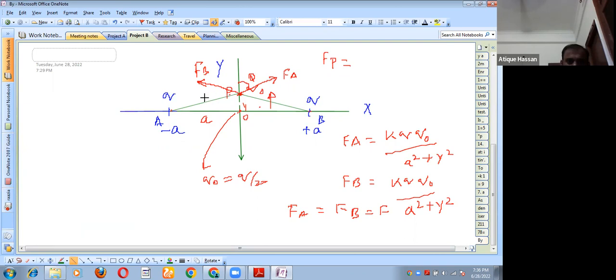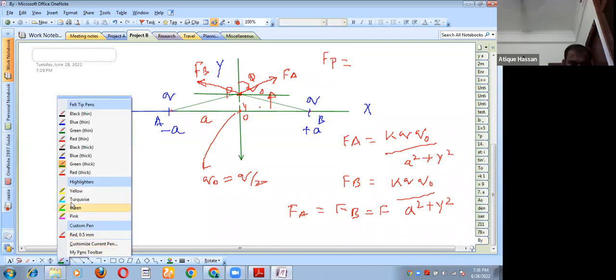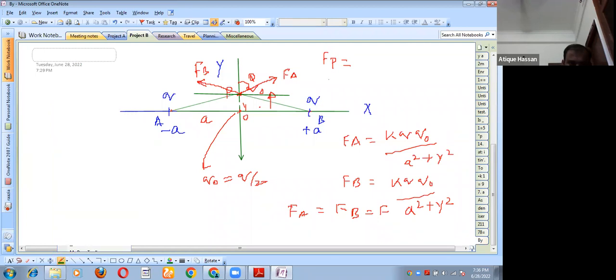If you see here, we can divide the force into two components. One will be here like this. Its value is F, so along this direction it will be F sine theta.